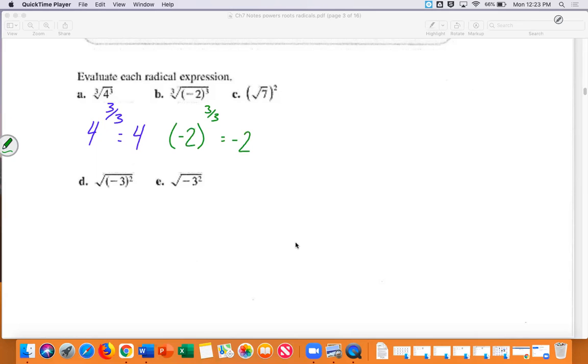Somewhat? All right, now Chris, C is a little funky because there is no number there, right? But remember, it's the square root. The square root of 7 is like talking about a 2, right? So the square root of 7 squared is just 7. Okay?